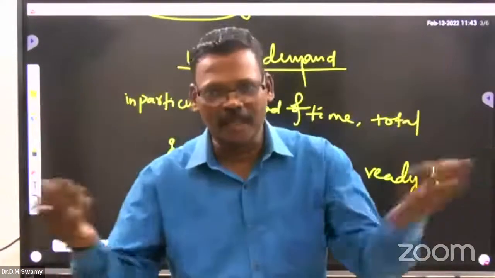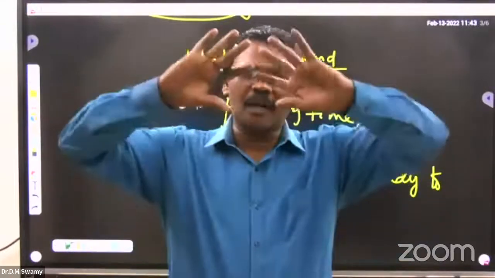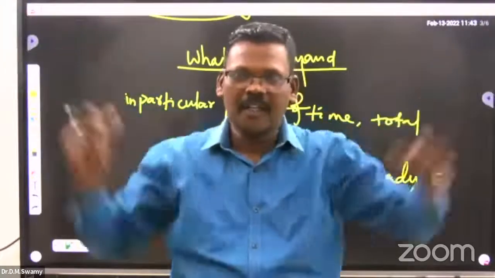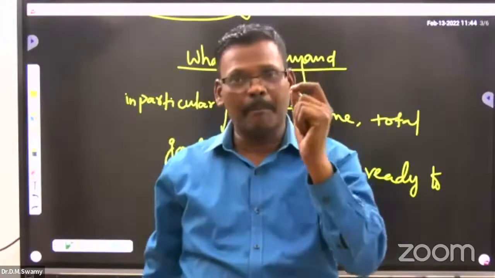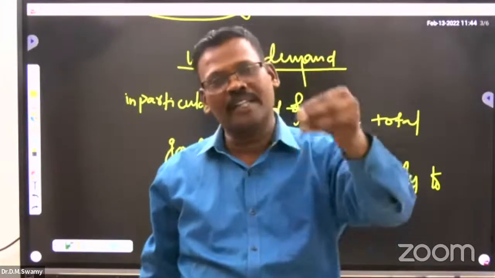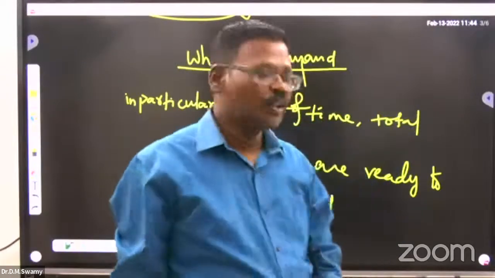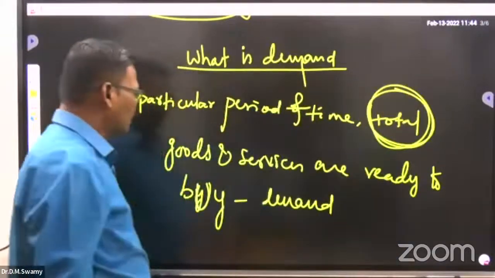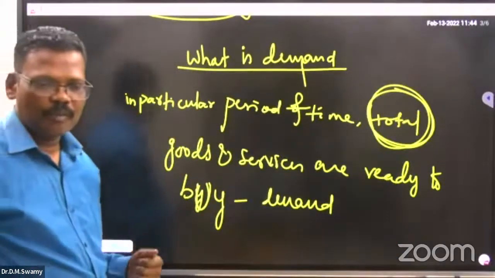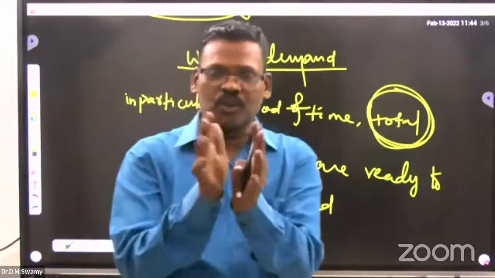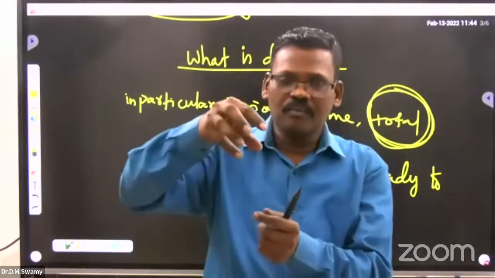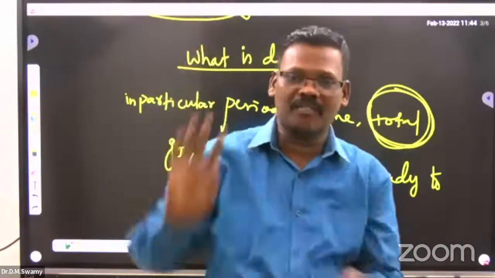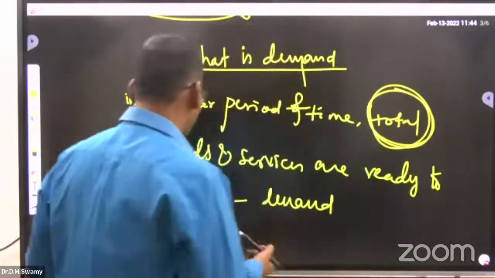It may be called market demand, since we are talking about the total of all goods and services. If we discuss the buying of one commodity, it is known as individual demand. If you erase the word total, then it is called demand. That is, how many goods are ready to be bought at a particular price in a particular period of time is known as demand.